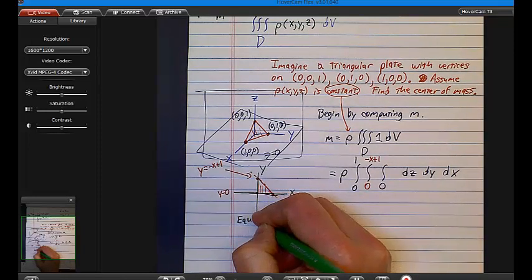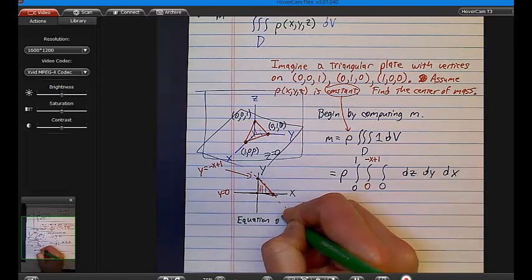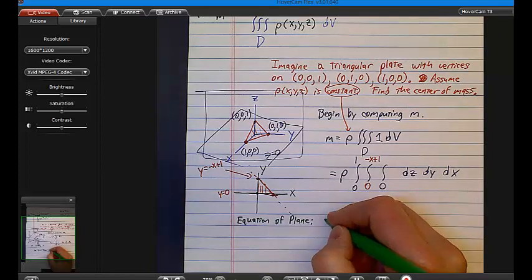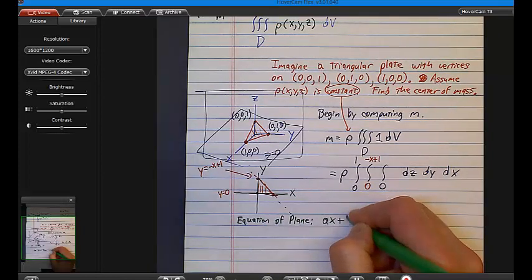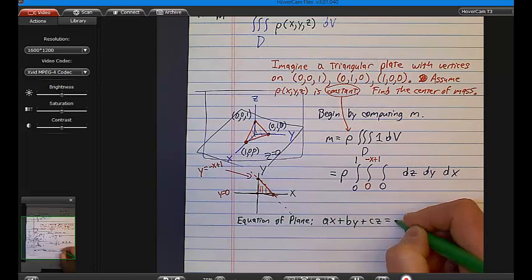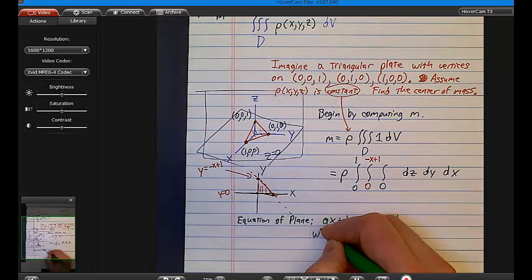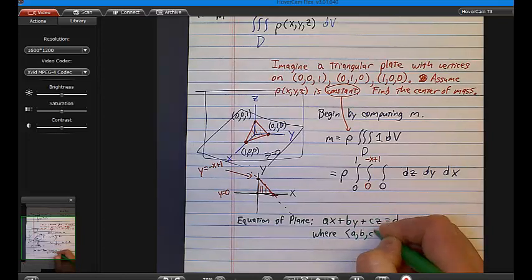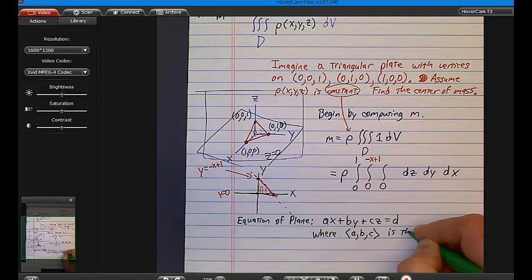The equation of a plane, one way to get it is ax plus by plus cz equals d, where the vector ABC is the what?